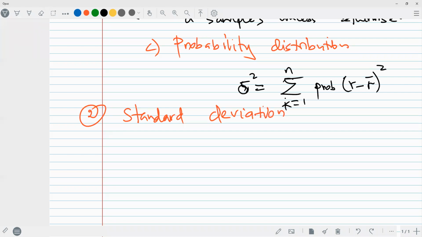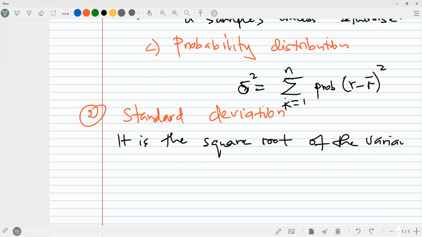Now, standard deviation is simply the square root of the variance. Which implies that in case you're trying to analyze the sample, you just get the square root of the variance of the sample.